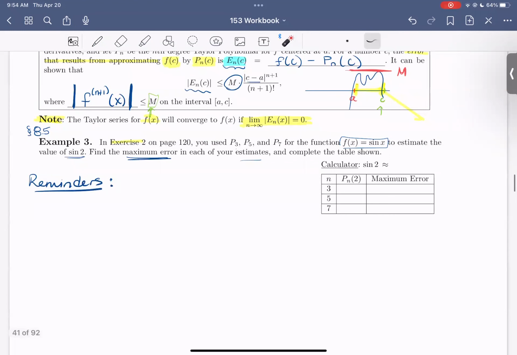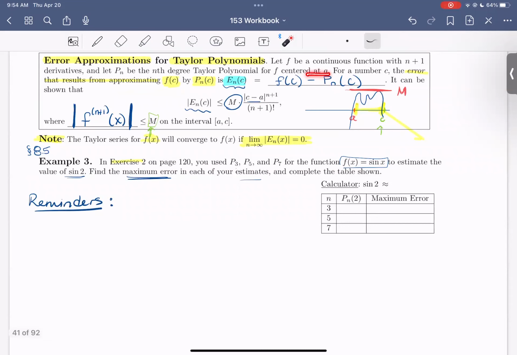Notice this error formula includes A, which is what our Taylor polynomial is centered at. It also includes C, which is the value that we are using to evaluate our function on. So what are R, A, and C in this example? Well, our Taylor polynomial was centered at 0, so A is 0.